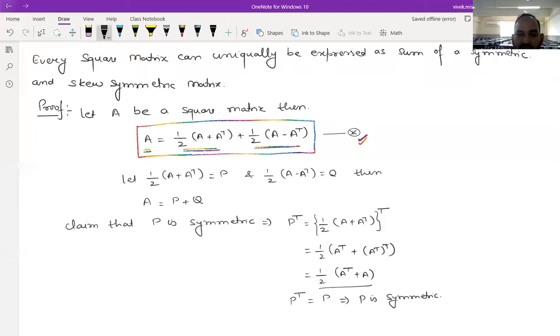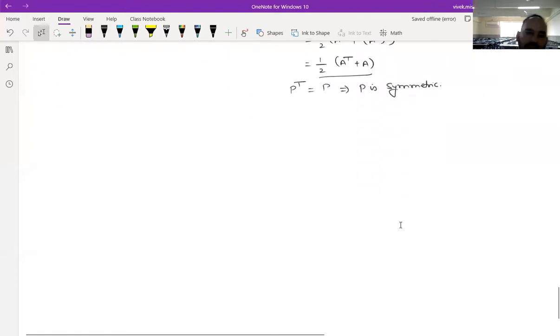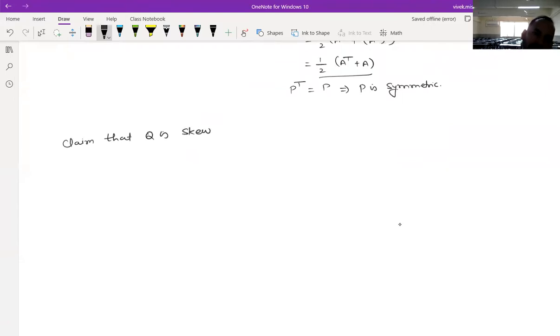Now I claim that Q is skew symmetric। Okay, so Q transpose is 1 by 2 (A minus A transpose) का transpose.